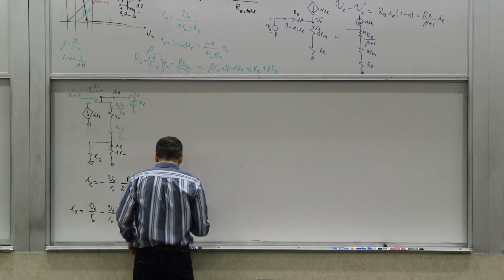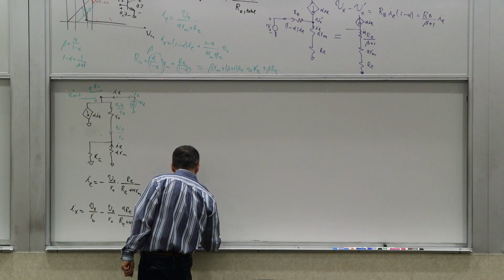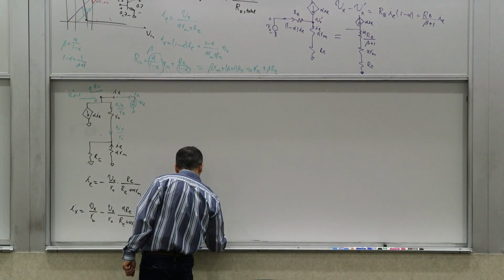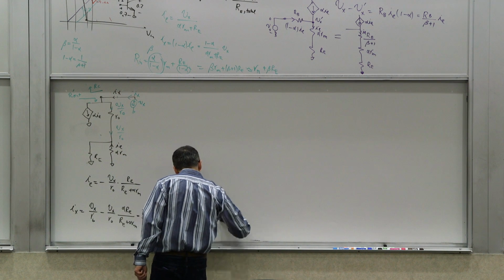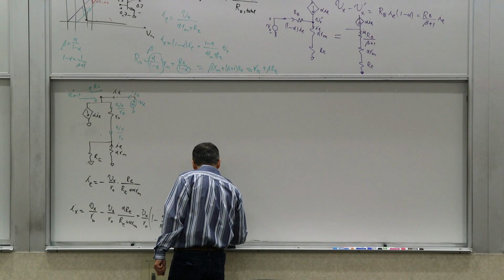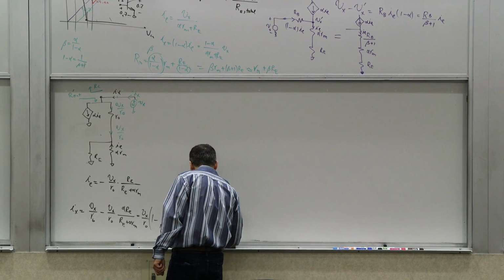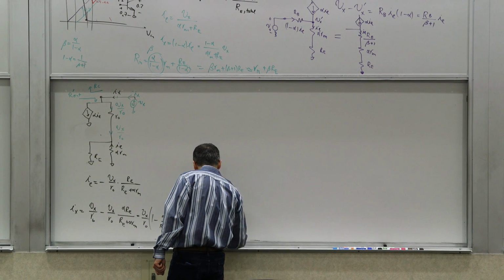So it becomes alpha Rm plus 1 minus alpha RE divided by alpha Rm plus RE.